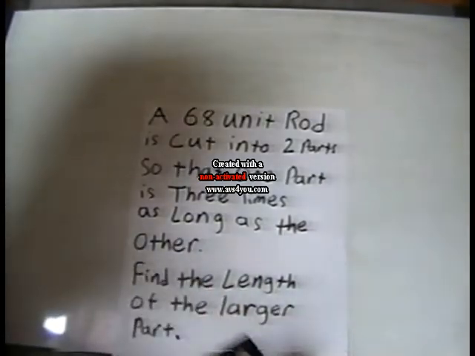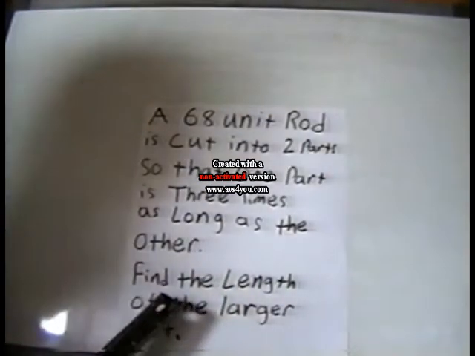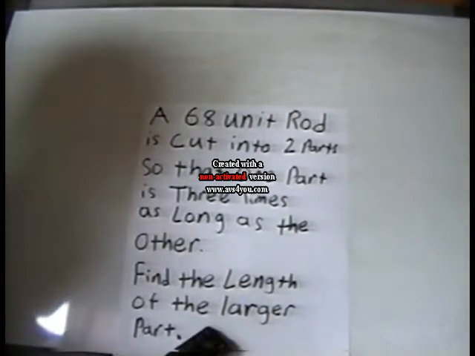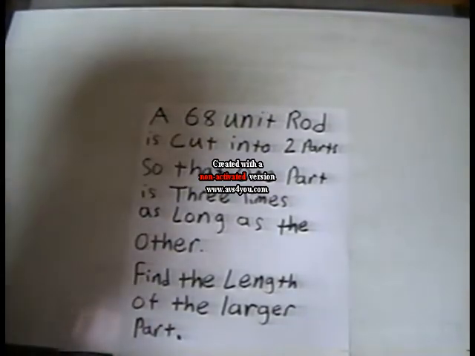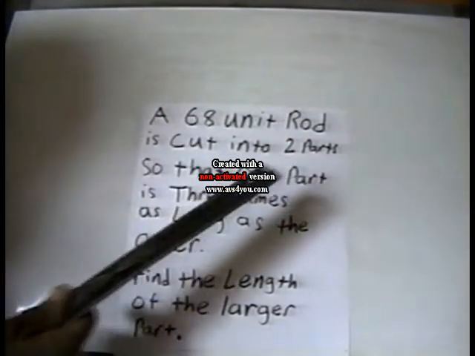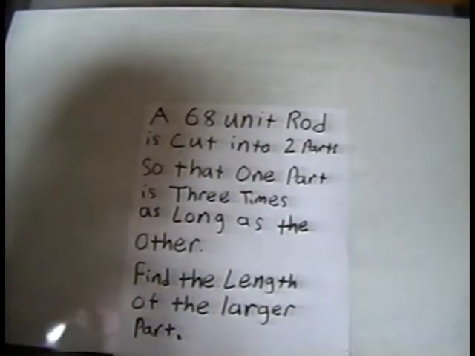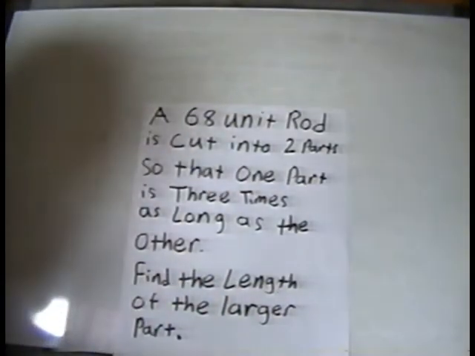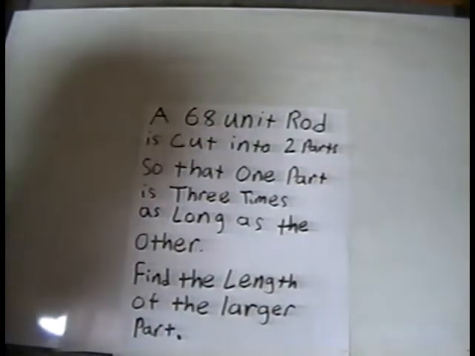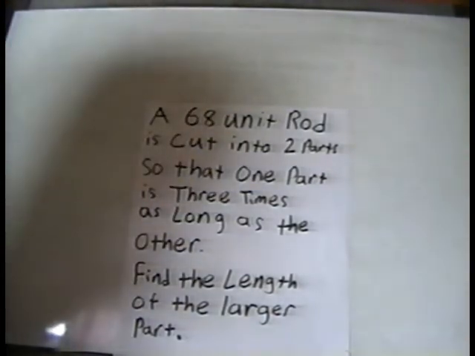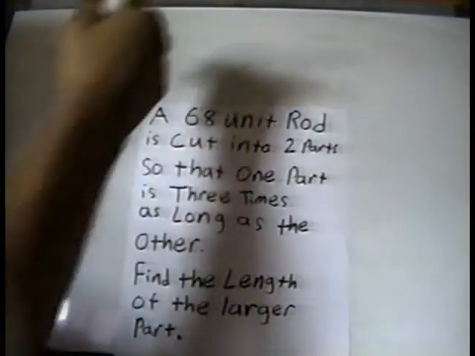Okay, now, a 68 unit rod is cut into two parts, so that one part is 3 times as long as the other. So you're going to find the length of the larger part.